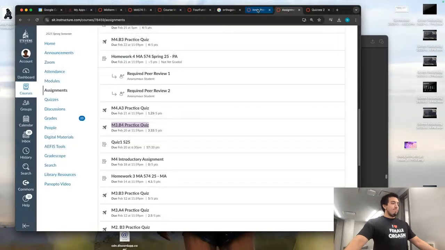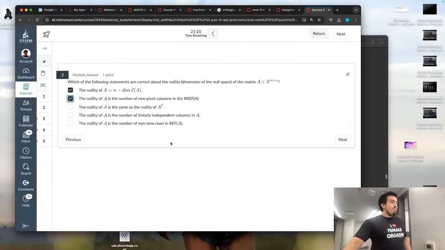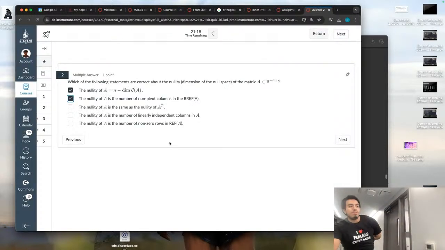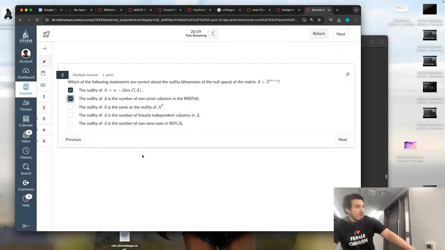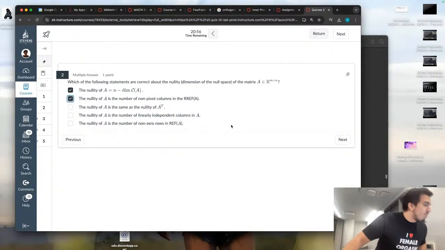All right, anyway, let's keep going on this quiz. So the nullity of A is the same as the nullity of A transpose. Nope. No, the nullity of A is the number of non-zero rows.